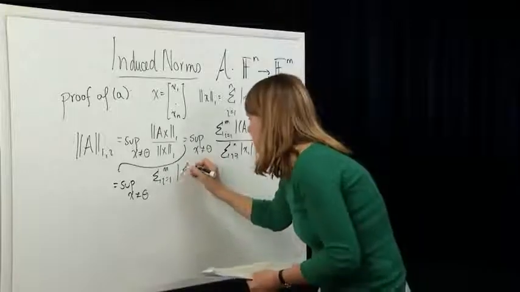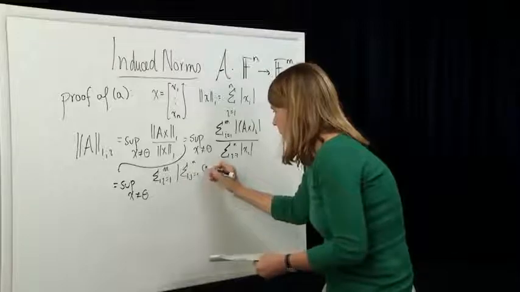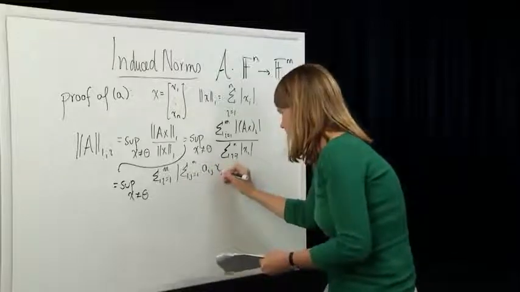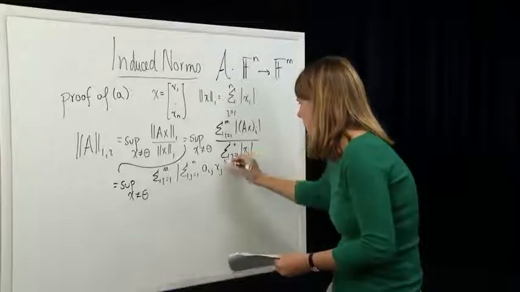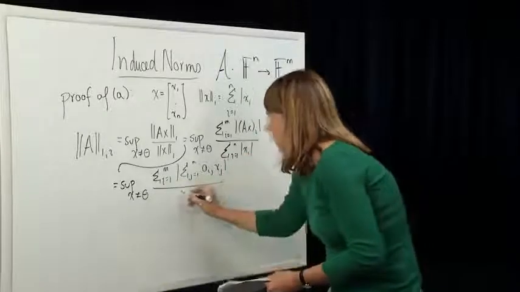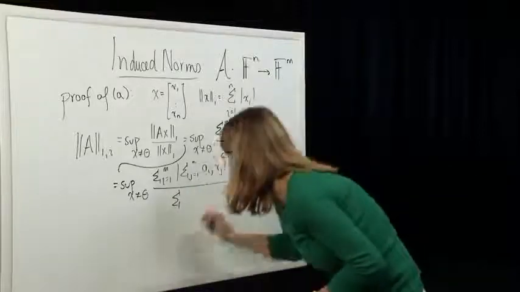So that's the summation from j equals 1 to n of a_ij x_j, simply absolute value, over the summation from i equals 1 to n of |xi|.